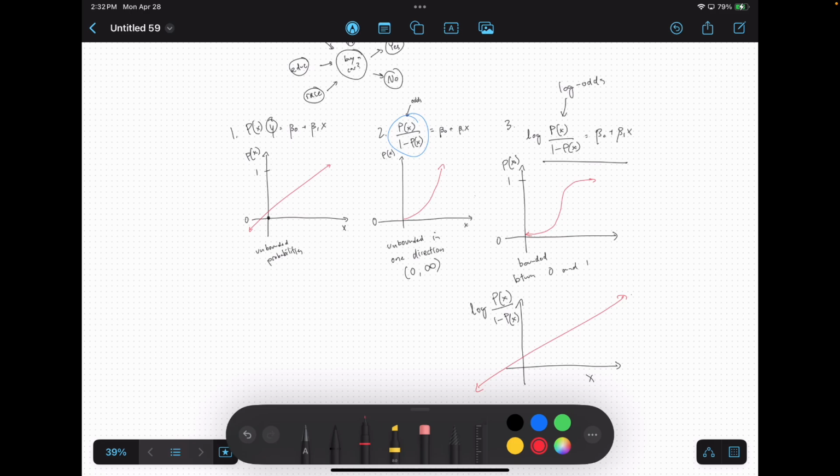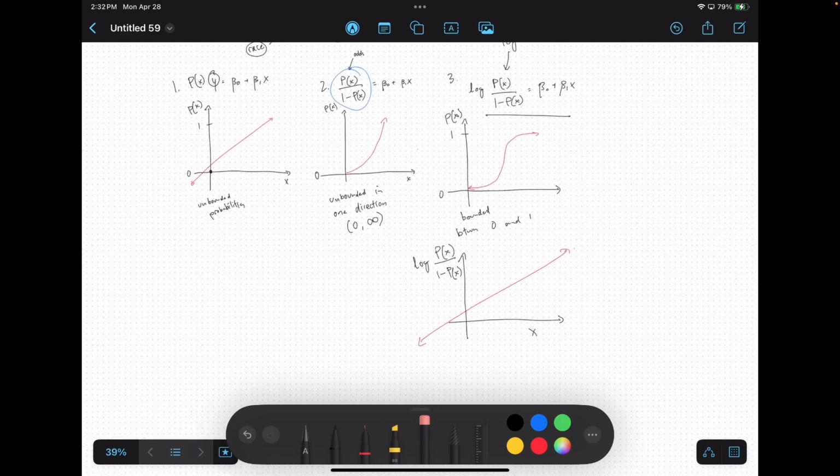And so the form of that equation is linear in parameters, which is what you want to be able to do for these forms of regressions.